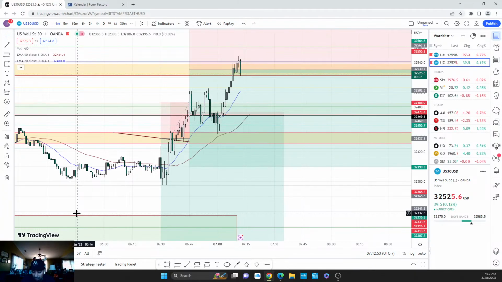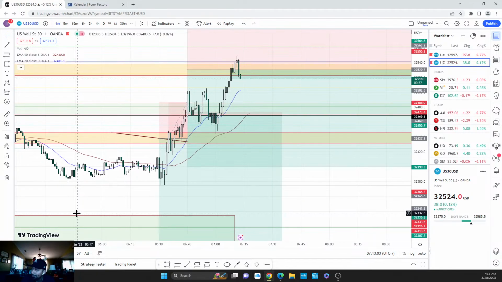I mean, I'm up about $100 right now, but 7 pips. You know what? We're in the trade, so let's see. Let's see if we can rock this thing down.